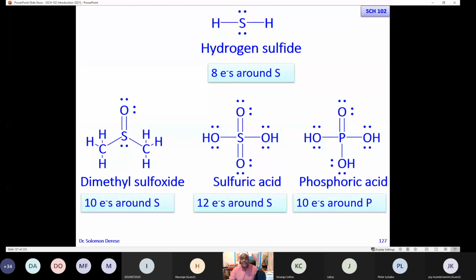For example, the maximum number of electrons allowed in the third shell is 18 electrons, not just 8. You will not have a situation where a particular element has 18 electrons around it. That is impossible. But you can have those elements like sulfur and phosphorus, which are the most common elements involved in chemical bonding with carbon.